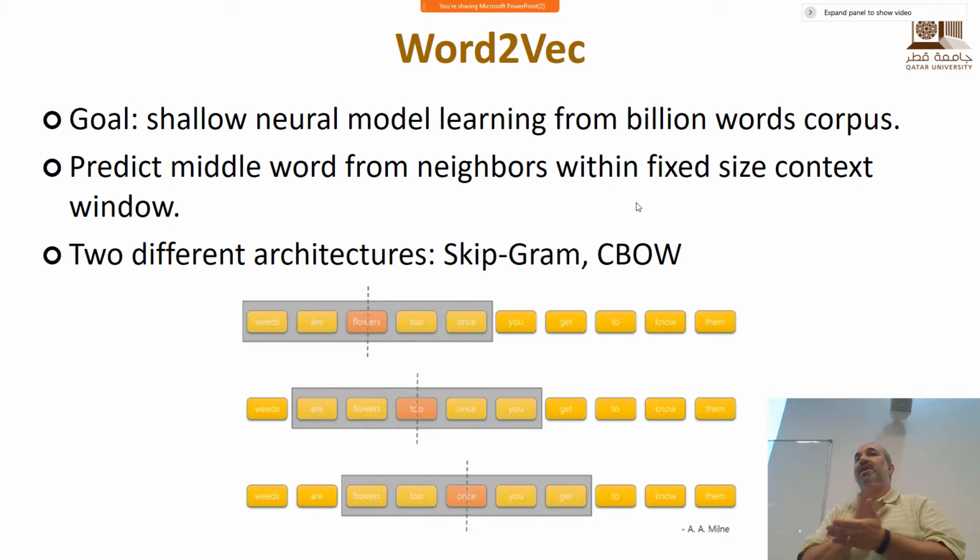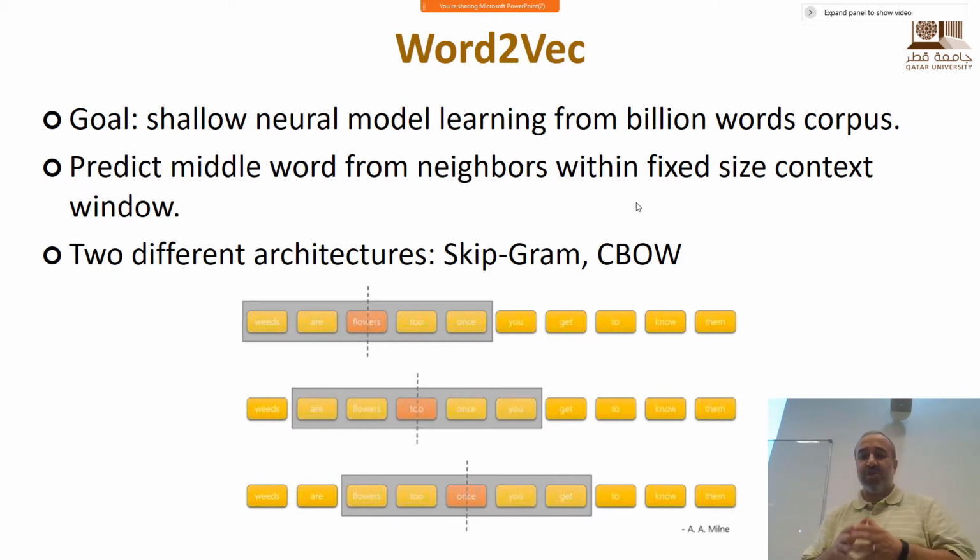Just from raw text, I can use these methods to learn embeddings for words in the collection. How do we do that? Word2Vec has two architectures. One is called skipgram, and the other is called continuous bag of words.